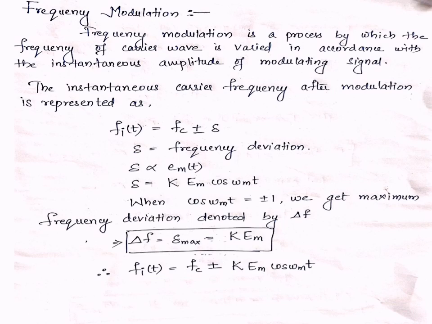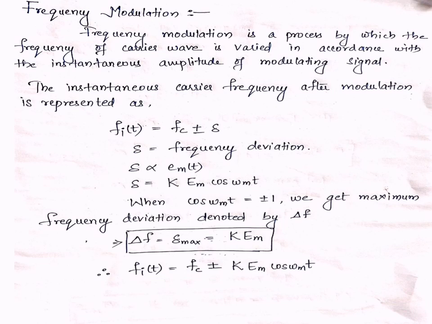The instantaneous carrier frequency after modulation is represented as fi(t) is equal to fc plus or minus delta, where fc is the actual frequency of our carrier signal, and delta stands for the change that occurred after modulation. This delta is called the frequency deviation.